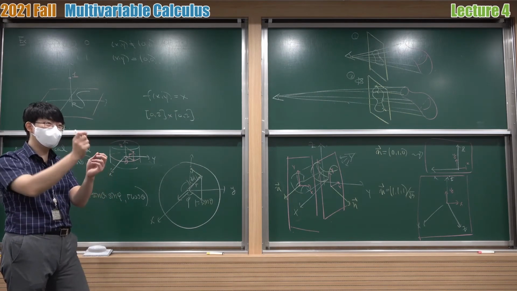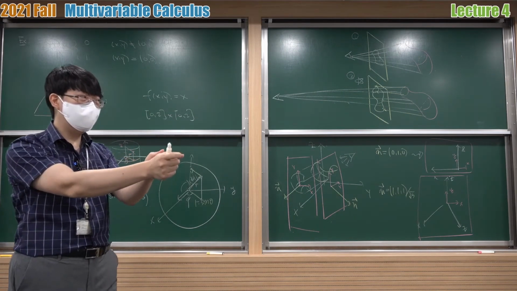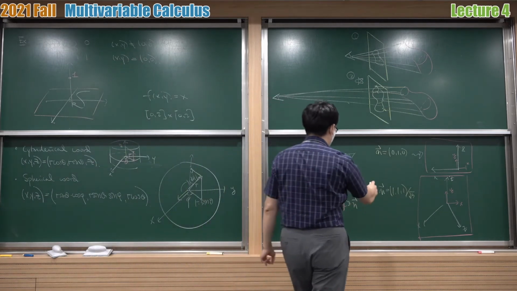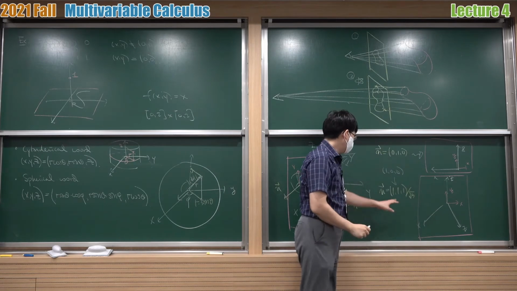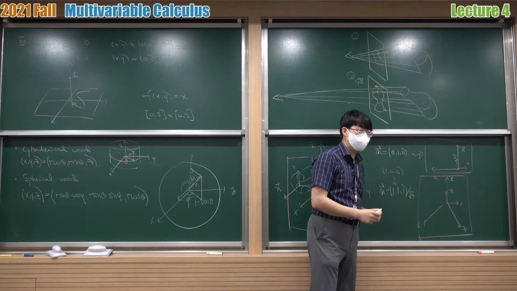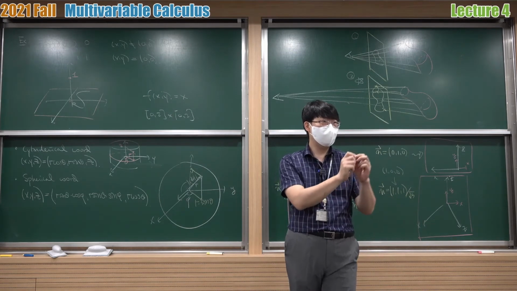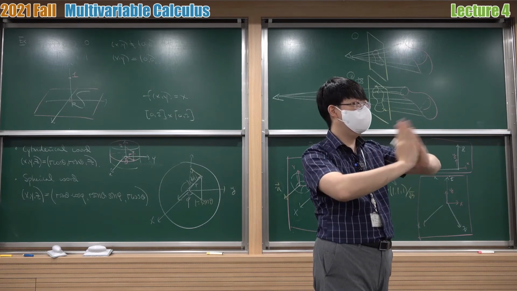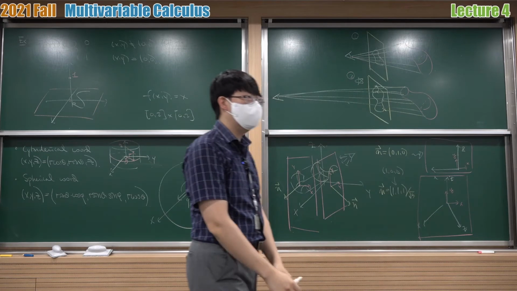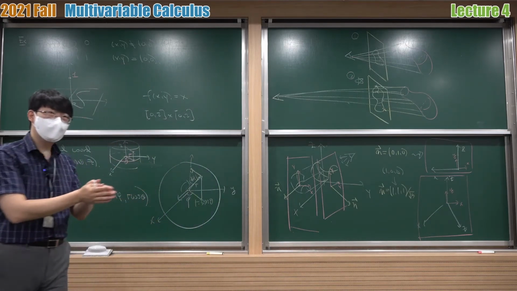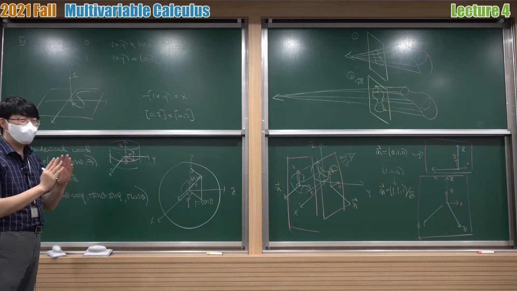Somehow you can imagine that you can move your 100 vector to 1 over square root of 3, 1 over square root of 3, 1 over square root of 3 vector in some shortest path trajectory along the sphere. It's kind of ad hoc, right?